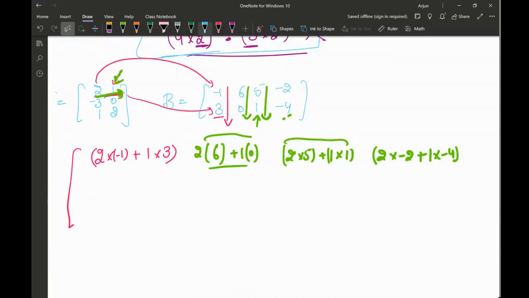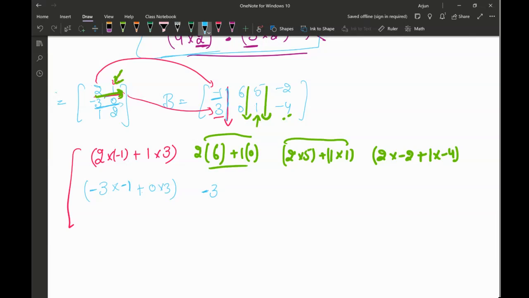Same way we're going to figure out the elements for the second row. So this will be minus 3 times minus 1, and then plus 0 times 3. This will be the first element of the second row. And the second element will be minus 3 times 6 plus 0 times 0. See, the pattern is being repeated now.